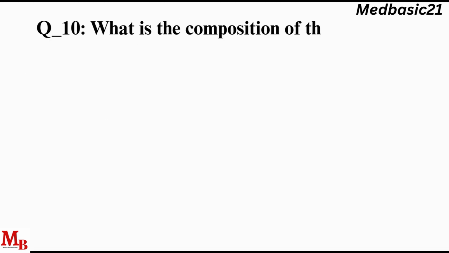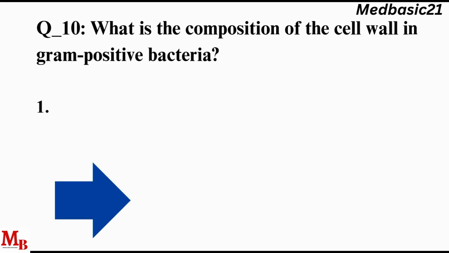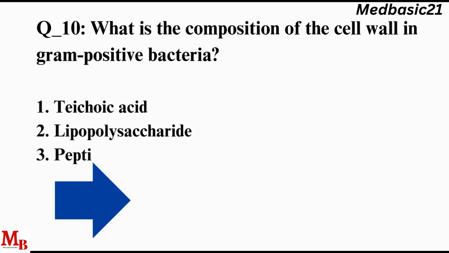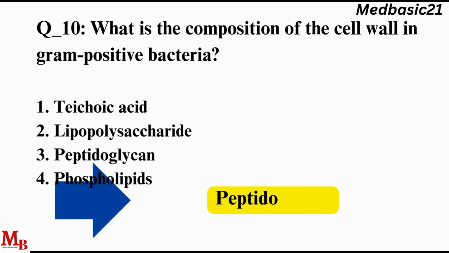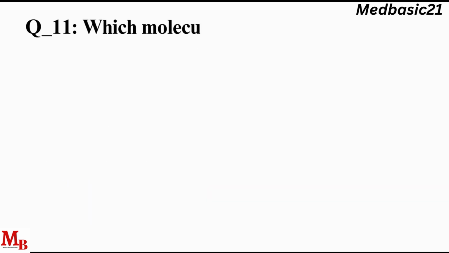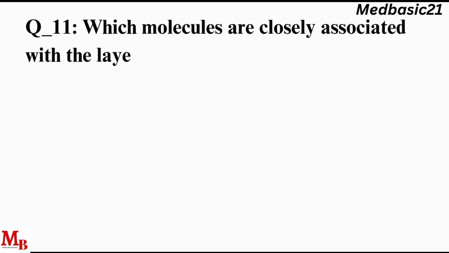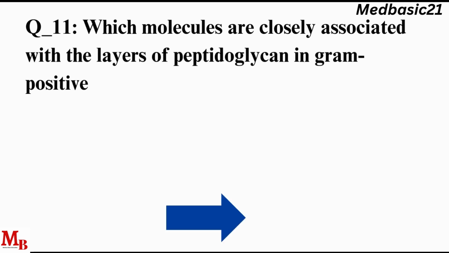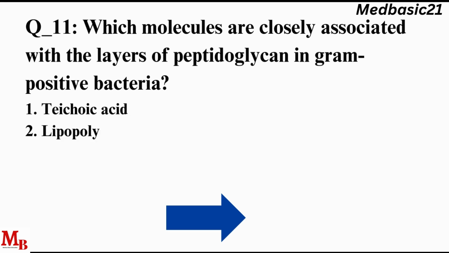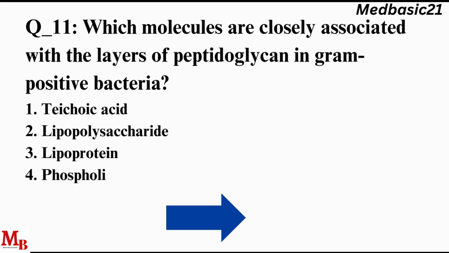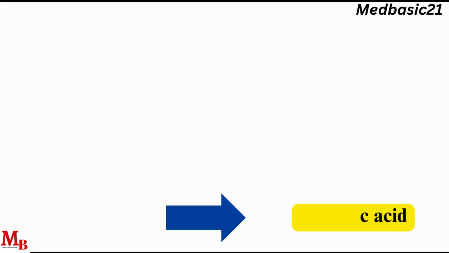What is the composition of the cell wall in gram-positive bacteria? Answer: peptidoglycan. Which molecules are closely associated with the layers of peptidoglycan in gram-positive bacteria? Answer: teichoic acid.